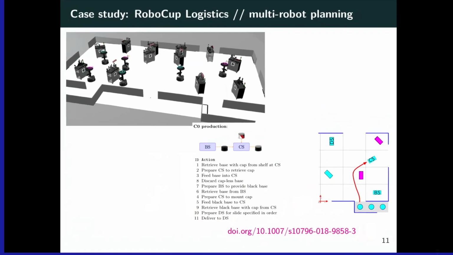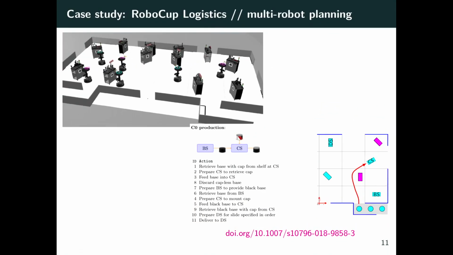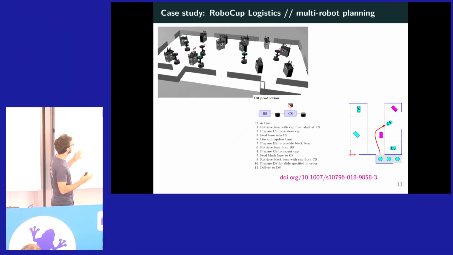So, something completely different. You have maybe heard of RoboCup, which is an international robotics competition. And one particular program we had was with the logistics division. The idea here is that these round things are the robots, and these are what they call stations.